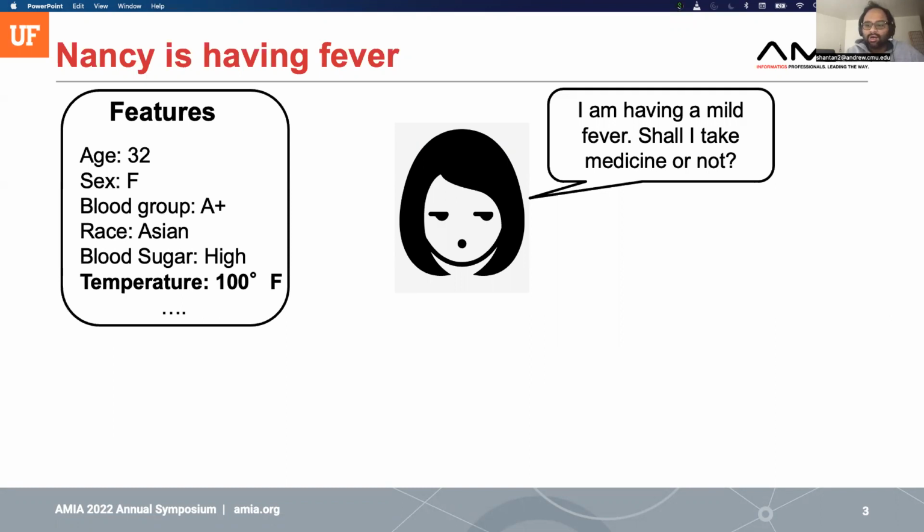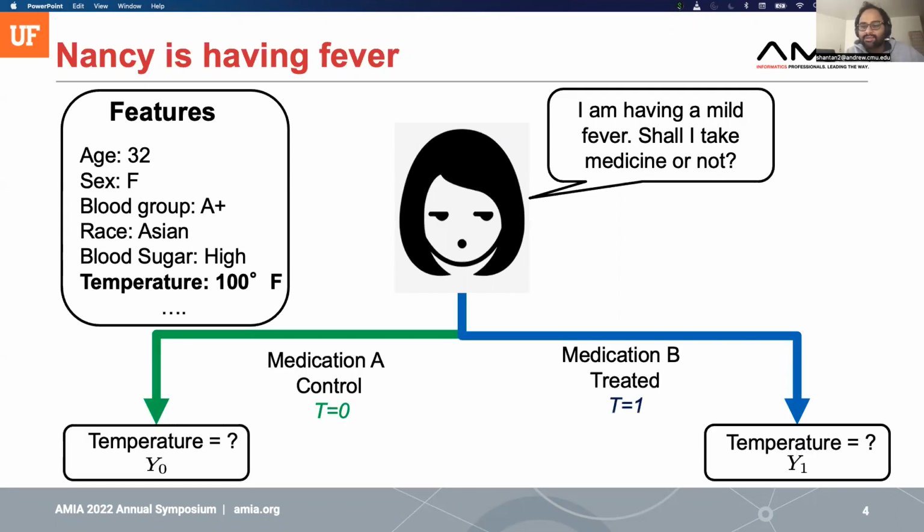She has a feature vector with all the important characteristics such as age, blood group, etc. And she has a choice of medication A versus medication B. We can represent this particular problem with this causal graph where X is the feature vector of Nancy, T is the treatment variable, and Y is the desired outcome. And we wish to measure this red path. So the question is how T causally affects Y.